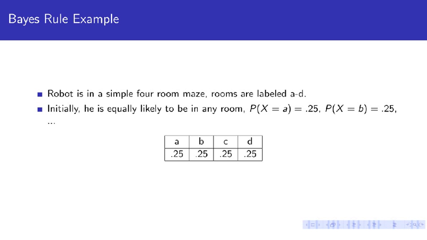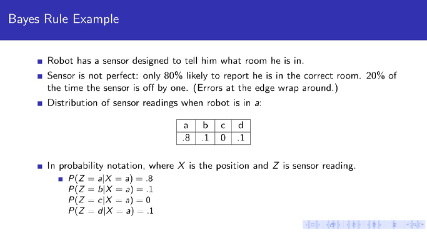So the interesting question is going to arise when we get some additional information that helps us to disambiguate where the robot actually is. So we need a sensor, and we're going to assume that this very simple robot has a room detector, a room sensor. Now, if it could actually tell him what room he was in, then life would be easy, but it's not perfect, right? We've said that sensors generally won't ever give us perfect information. So this sensor is 80% likely to be correct.